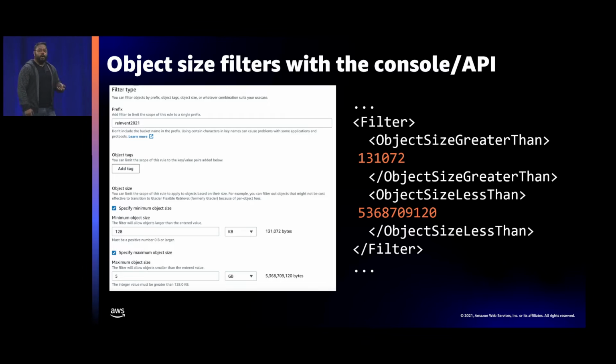Object size filter will also work in conjunction with prefixes and tags. For example, if you have different retention policies across your different prefixes, or if you use object tags as your way to create new lifecycle policies, you can add that with object size filter. For example, you can set up a rule so that object size filter and a prefix work together to create even more granular lifecycle rules.